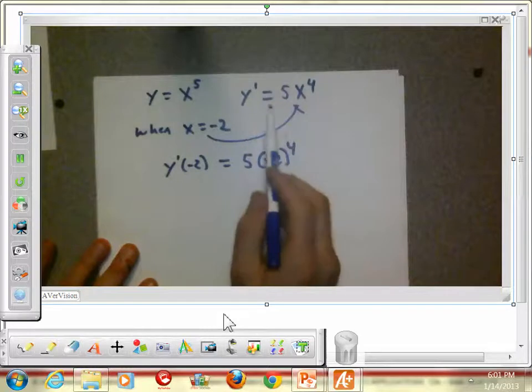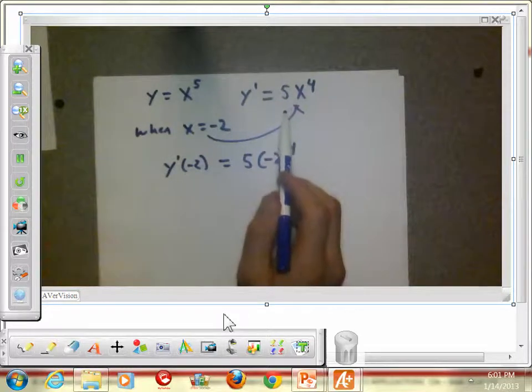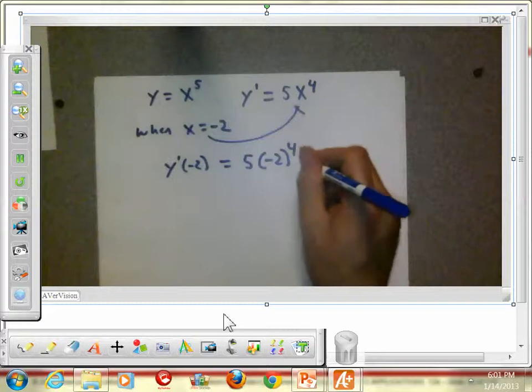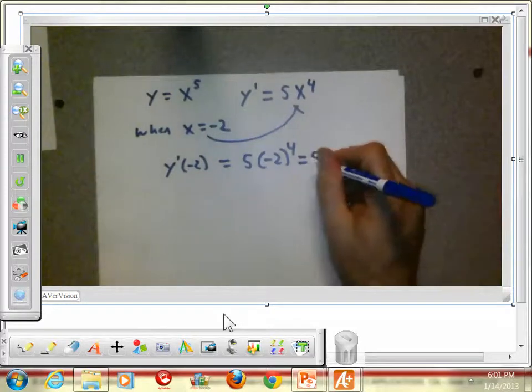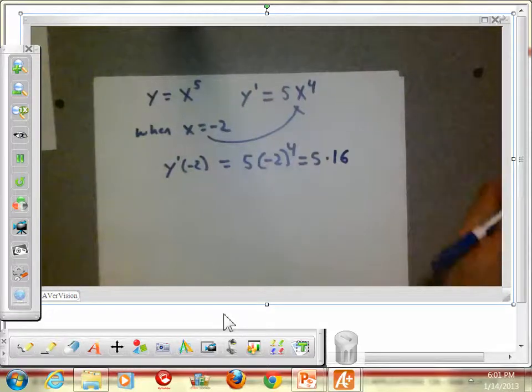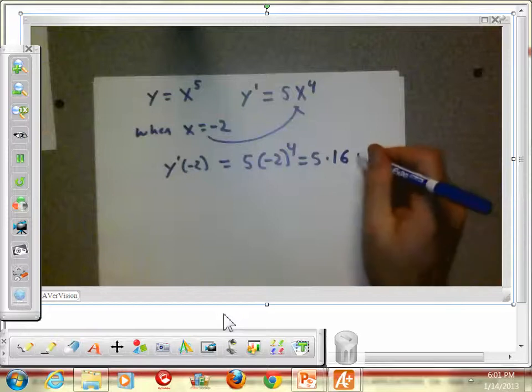I'm just replacing the x by negative 2. I'm evaluating this formula that tells me how fast the curve is going for a particular value of x by swapping in negative 2 for the x, which is going to be equal to 5 times 16, because 2 times 2 is 4 times 2 is 8, which is 16. And that becomes 50 plus 30 is 80.